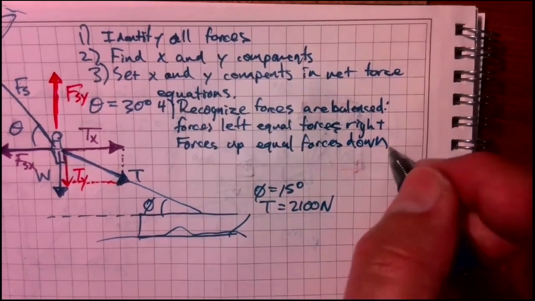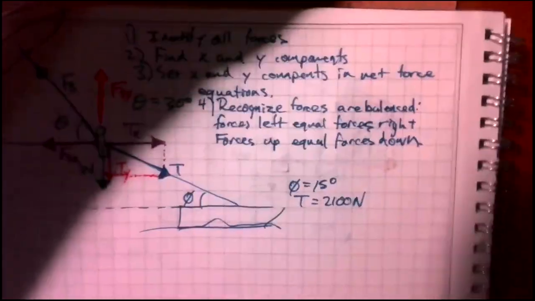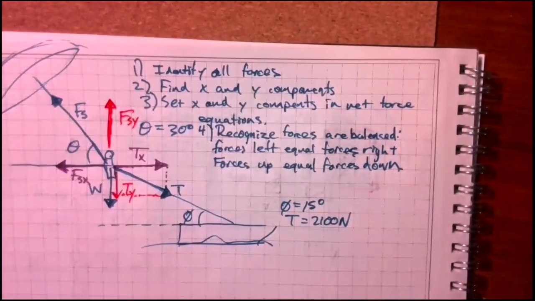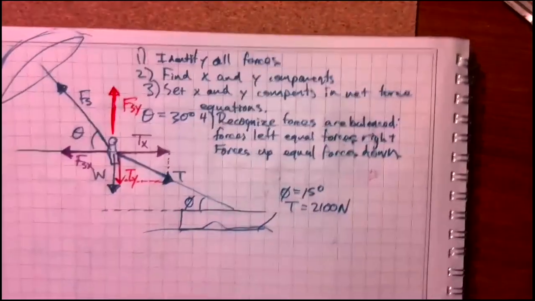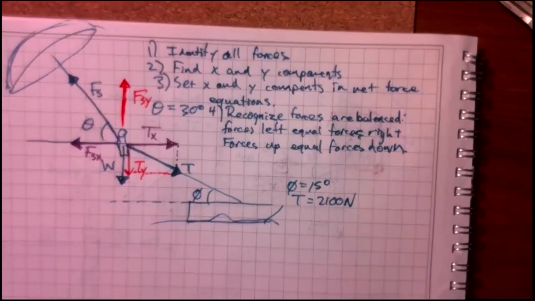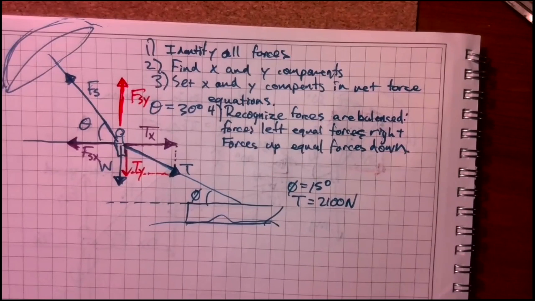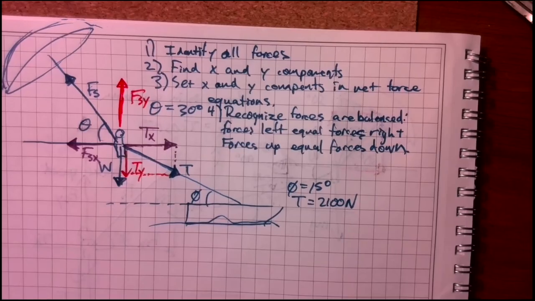I'm trying to be really methodical because there's a lot of stuff going on in this problem, and so we're just trying to keep track of all this stuff. So forces left equal forces right. And that is so important, recognizing that the forces are balanced.